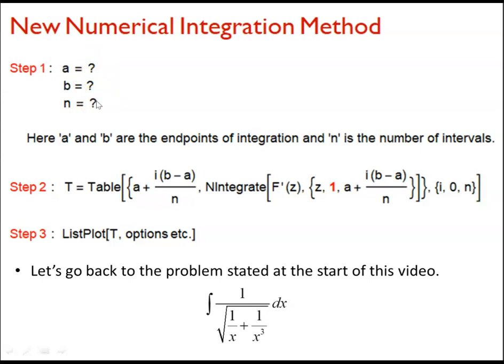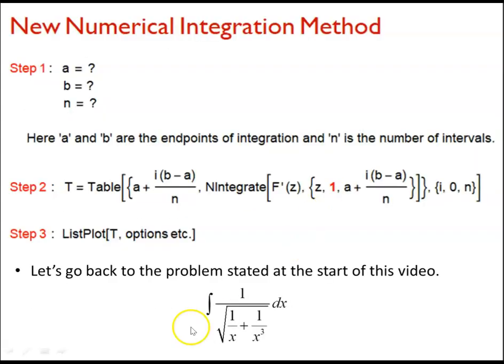More intervals just gives you more dots and fills in the plot for you. Table, the ordered pairs being produced here. Just remember, in this case, 1 on z is not defined at z equals 0, not continuous at z equals 0, so put a 1 instead. I think that's the reason. That's the best sense I can make of it anyway.